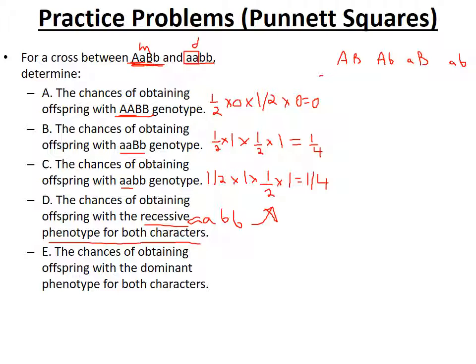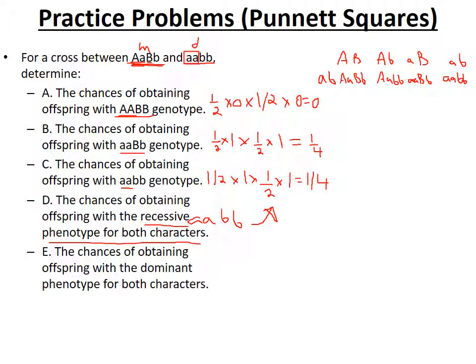For the other parent, it's just little a, big B. So here we can get big A, little a, big B, little b. Here we can get big A, little a, little b, little b. Here we can get little a, little a, big B, little b. And here we can get little everything.